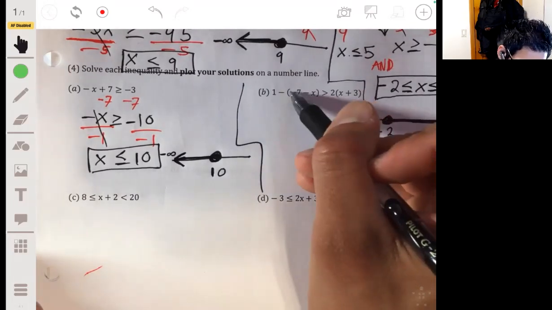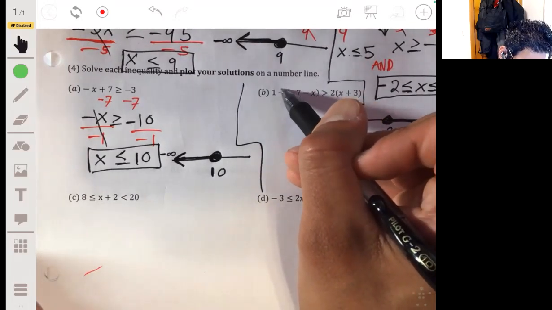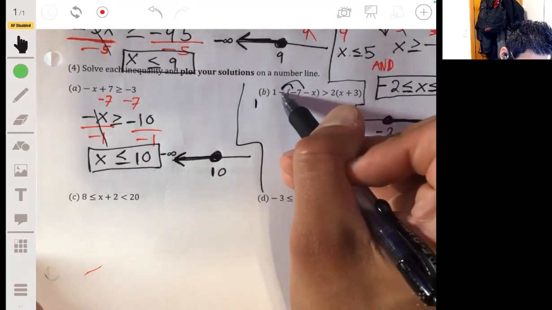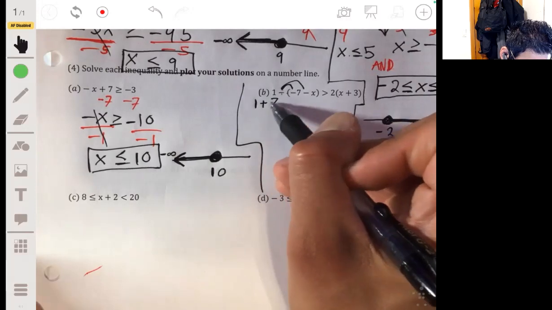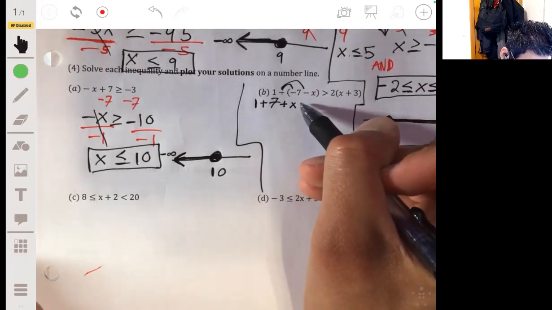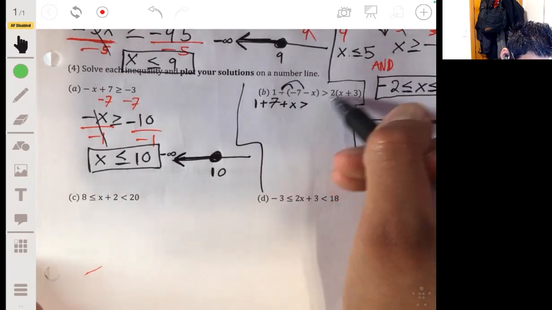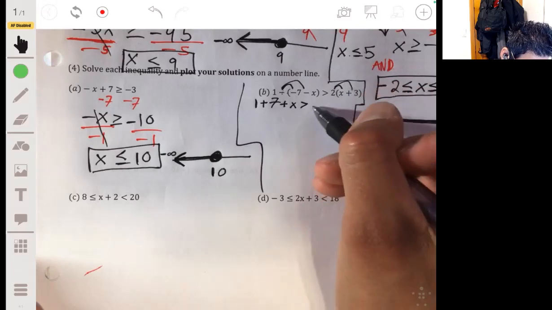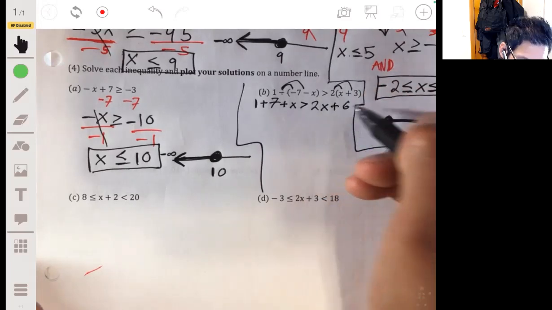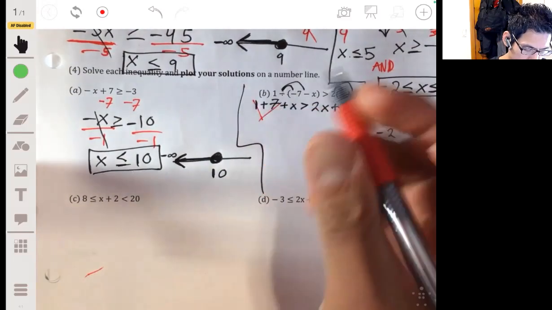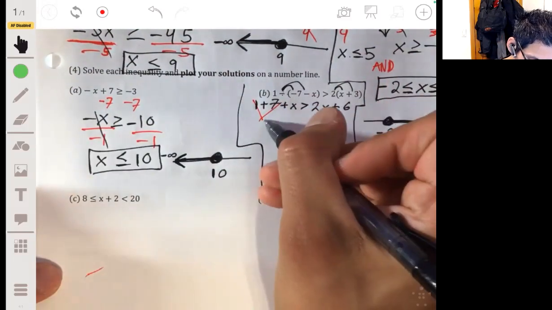All right, for b, this negative symbol is trying to trick you. So we get 1 minus minus, so 1 plus 7 minus minus plus x is greater than 2 times x plus 2 times 3. So 2x plus 6. 1 and 7 equal 8.